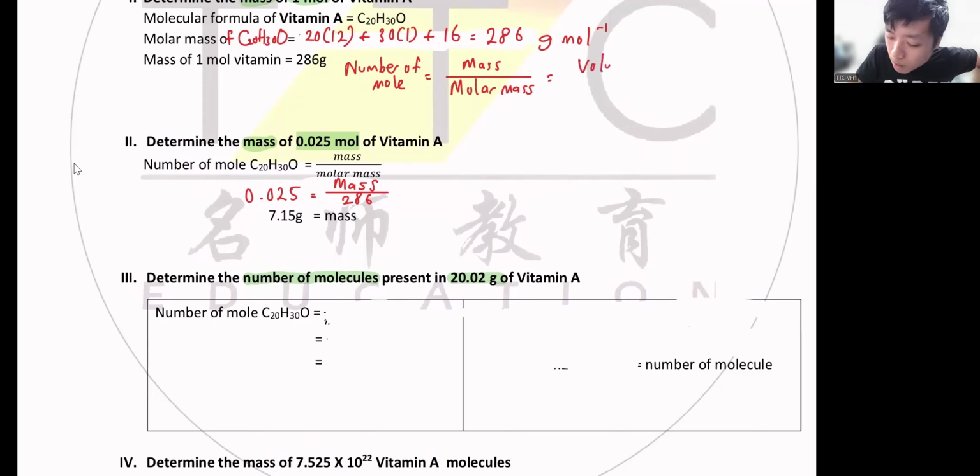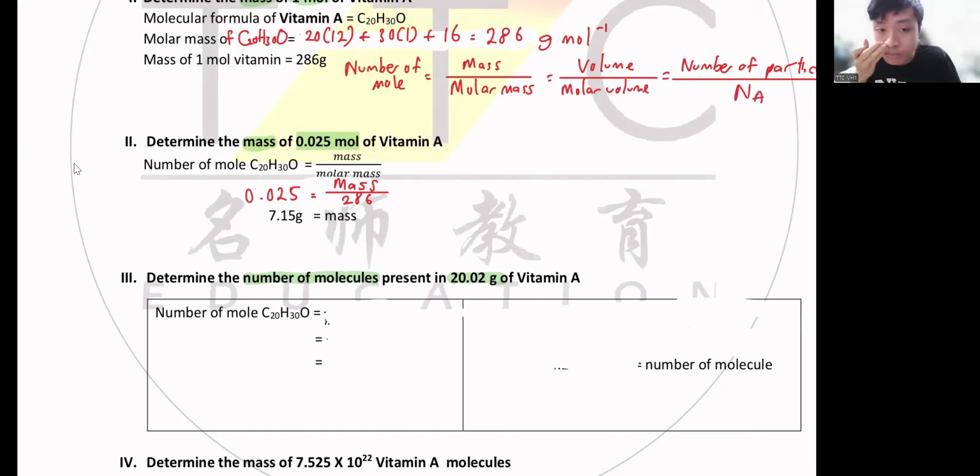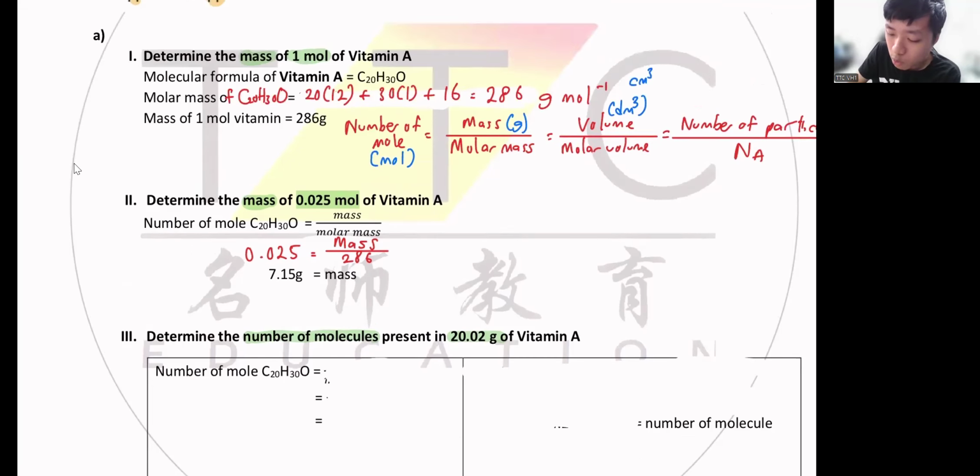Or volume, sometimes number of mole equals volume over molar volume. Or the number of particles over Avogadro constant. The number of mole has the unit mole, the mass has the unit gram, volume has the unit dm cube, or sometimes can be changed to cm cube, because 1 dm cube equals 1000 cm cube.